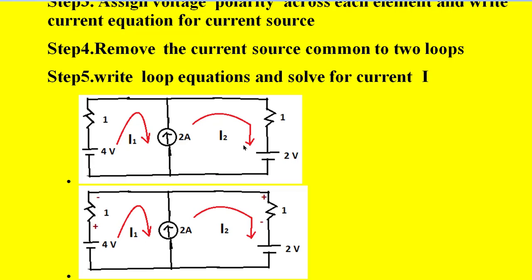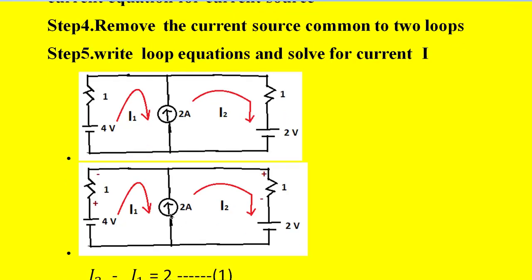Next step is to give the polarity for voltage across each element. For this, we have to follow a certain procedure. If the assumed current enters the passive element, the entering point of the passive element is called the positive terminal, and the other terminal is called negative.